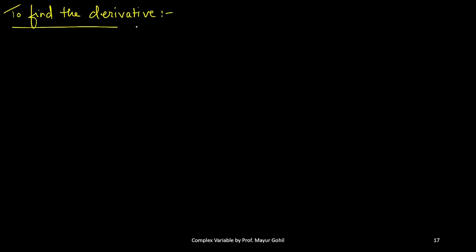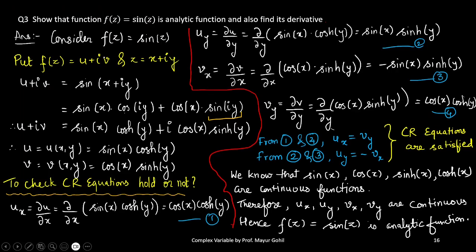So we write here, to find the derivative. On finding the derivative, we are going to use f dash of z. The formula is u suffix x plus i v suffix x. So let us see how to handle this further. So u x we found that is cos x into cosh of y.